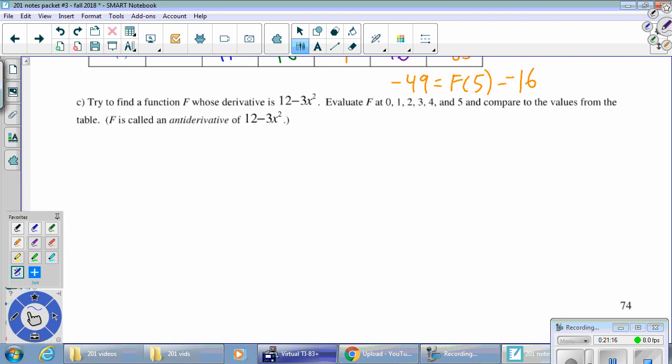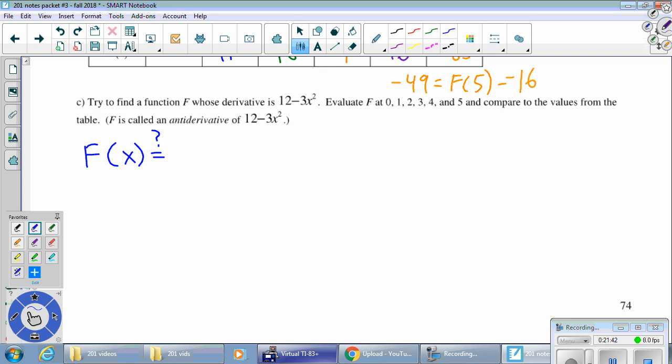Well, somebody took a derivative of some function and got 12 minus 3x squared. Let's see if we can go the other direction. Now I like that subtraction sign because that meant somebody took the derivative of two separate things with a subtraction sign in between. So we can separate those in our own minds. Let's just focus on 12. Whose derivative is 12?